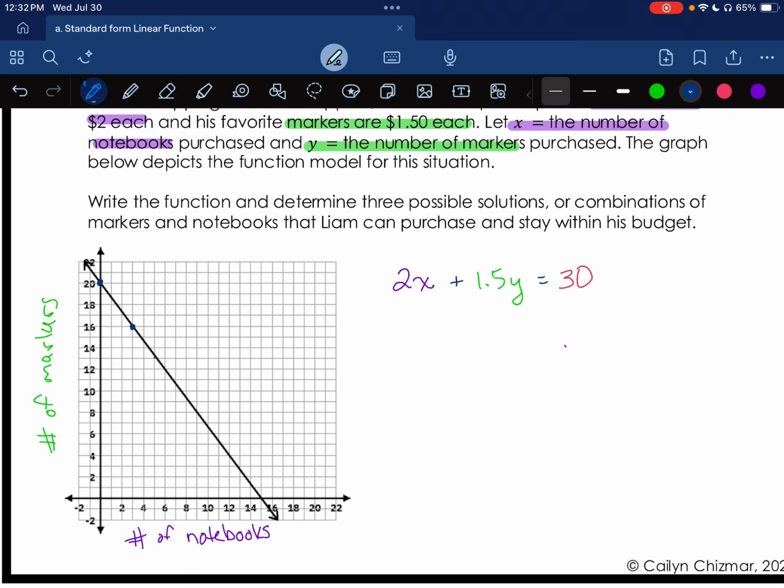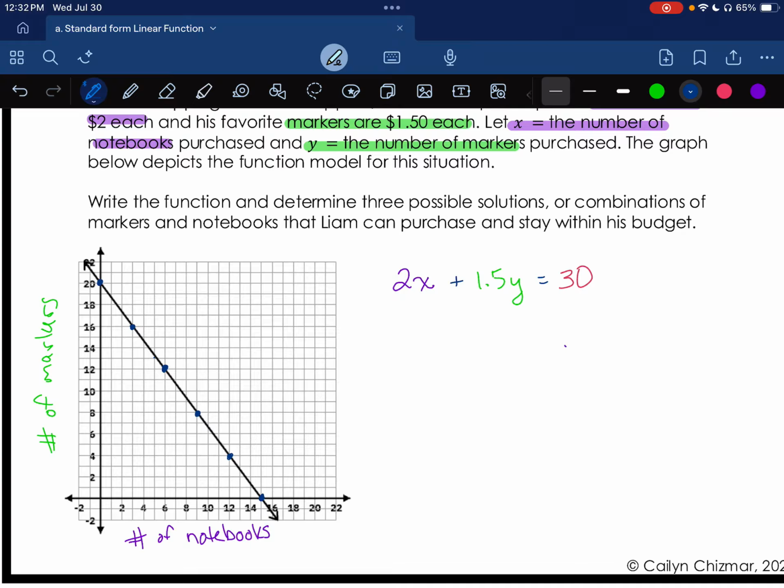So I just wanted to talk about 3 possible solutions. If you notice, I found way more than 3 points on here. But let's see. 3, 16, that's an option. 6, 12, that's an option. And 9, 8, that's an option.